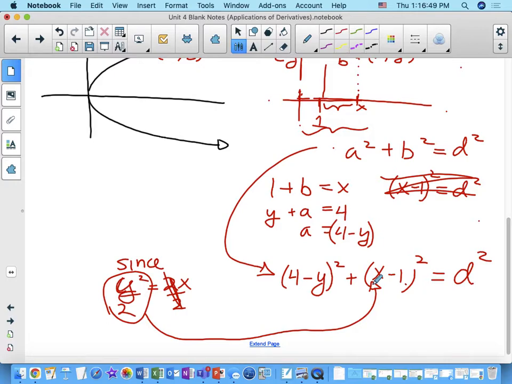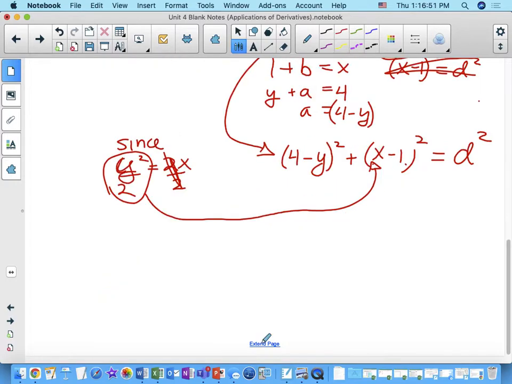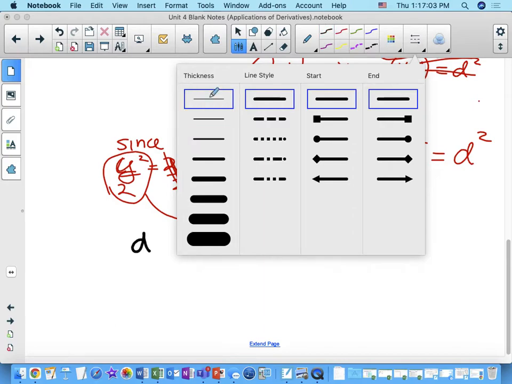Okay, so all together, my equation that I want to find the minimum of, the minimum distance, is this. Let's make that a thinner line.